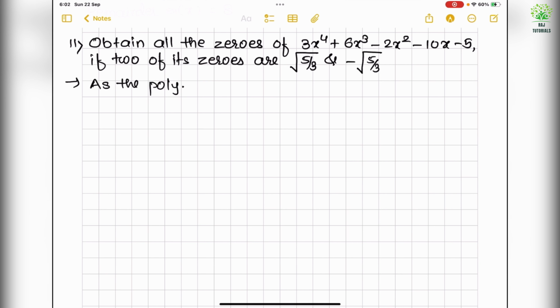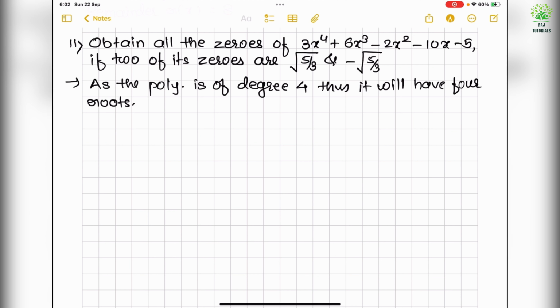So here I can say as the polynomial is of degree 4, thus it will have 4 roots.